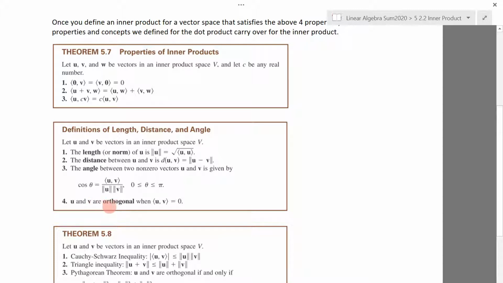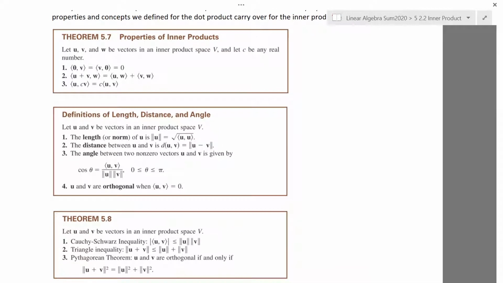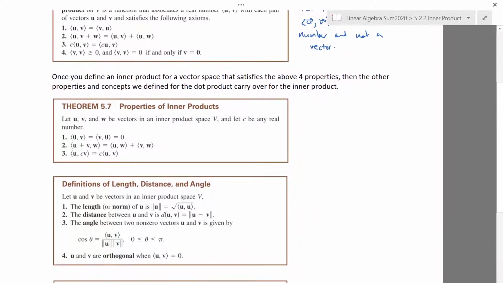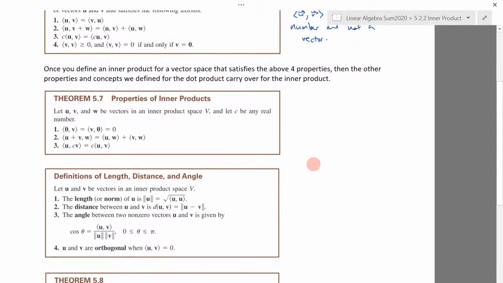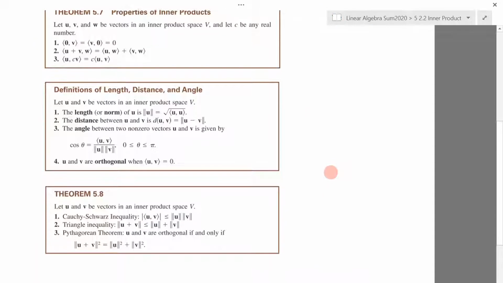And two vectors are orthogonal or perpendicular if their inner product is 0. And we also have the Cauchy-Schwarz inequality. So, as we can see, the inner product will carry everything that we know about the dot product to more general vector spaces.